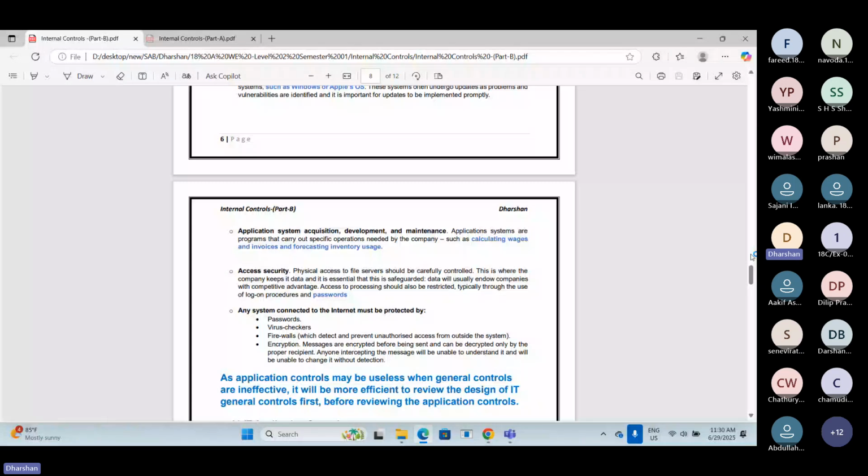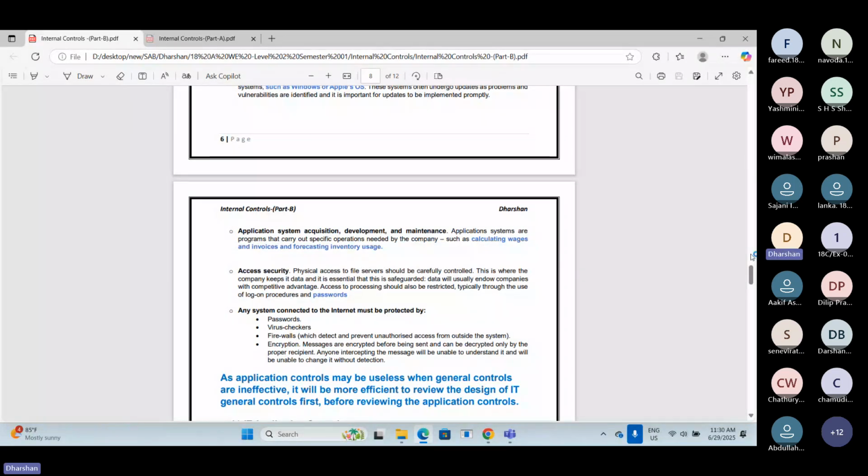So password protection, firewall implementation, antivirus guard installation, Windows or Apple OS updates, a disaster recovery plan, and backup activity, all these activities will be considered as general IT controls.